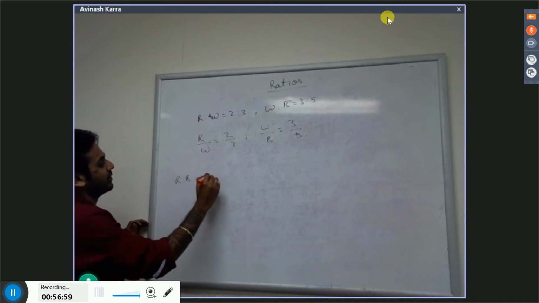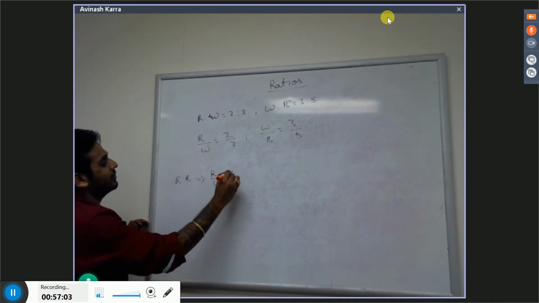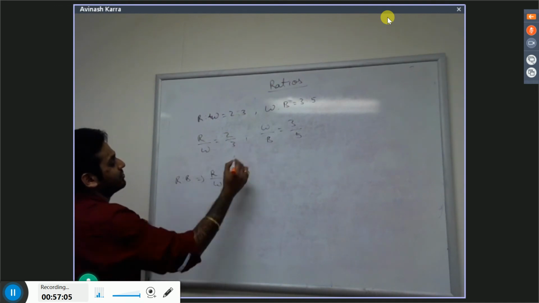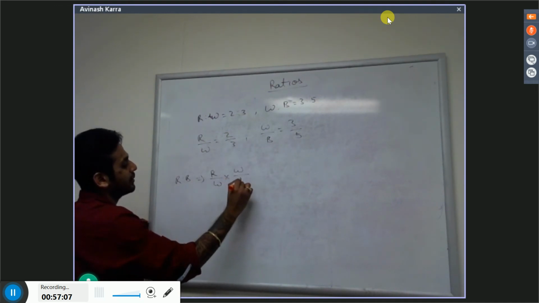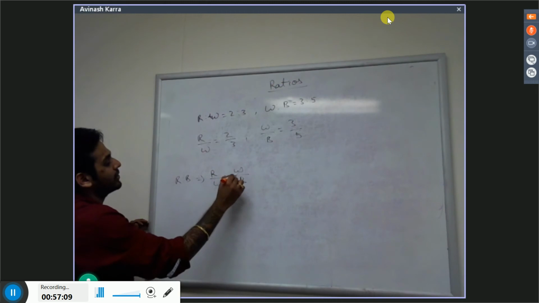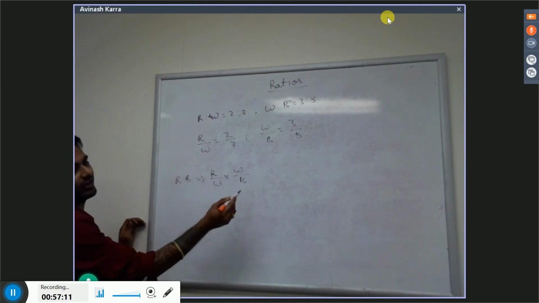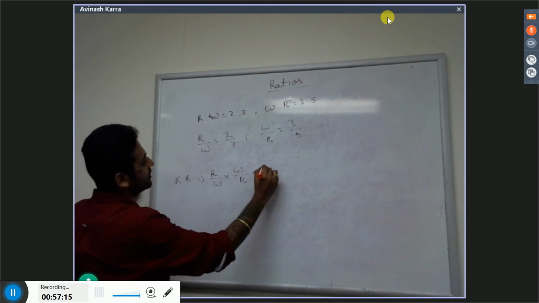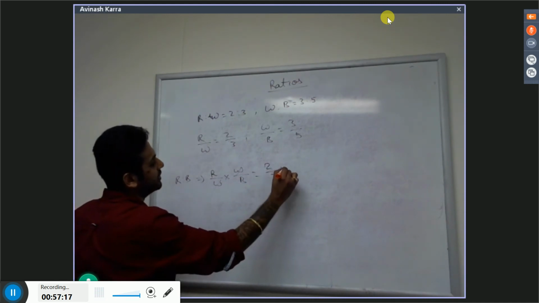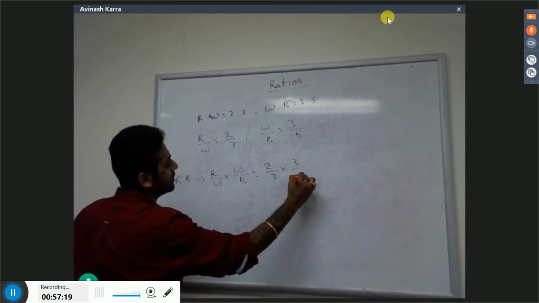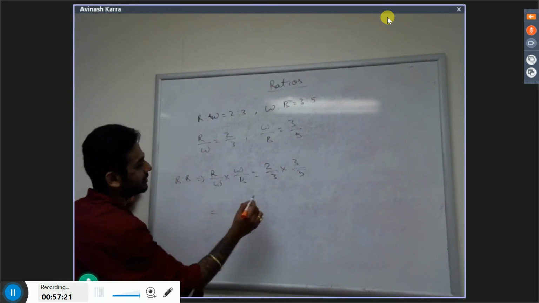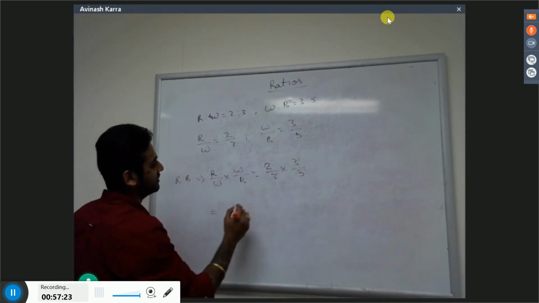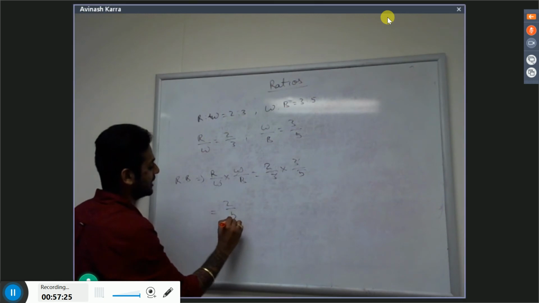So simple. R by W into, if I multiply these two, W by B, W cancels and I get R is to B, right? So substitute the values of these. 2 by 3 into 3 by 5. 3 1s are 3. 2 by 5.